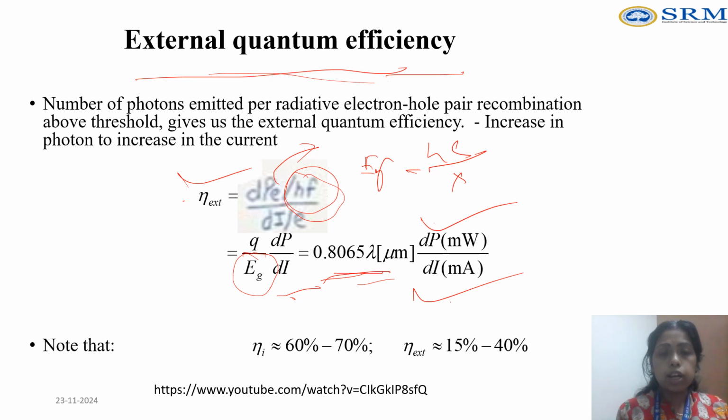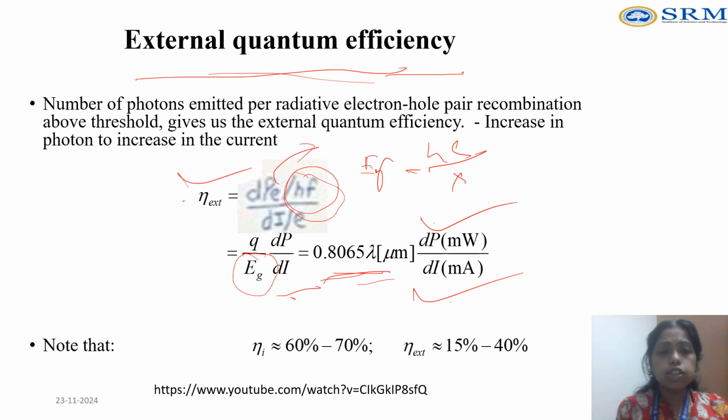So the main definition, again I am telling: the change in the power per incident photon, per generation of the photon, and the change in the current per number of electrons. This is the ratio between how much current you are providing for generating the electron and how much power you are getting for producing the photon.